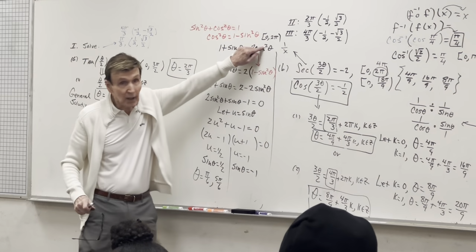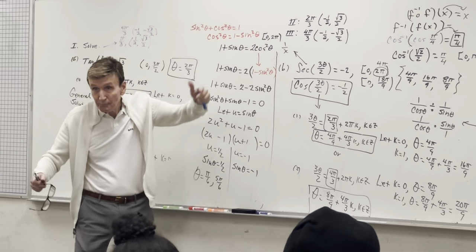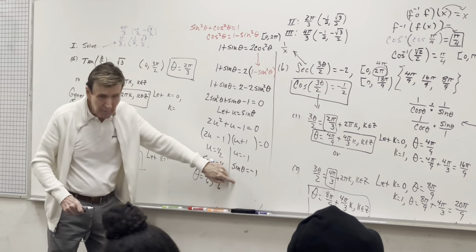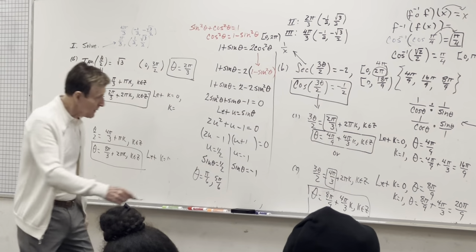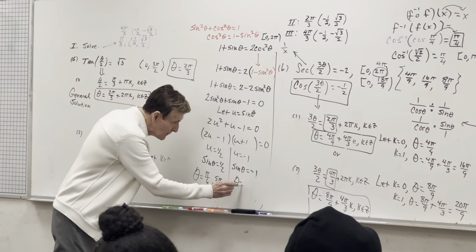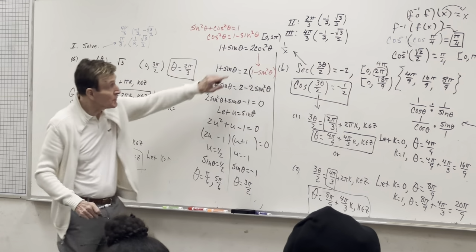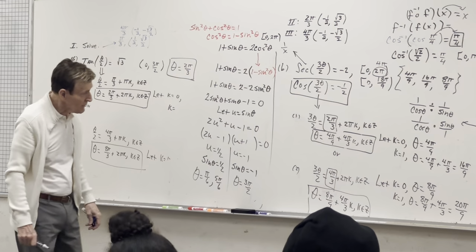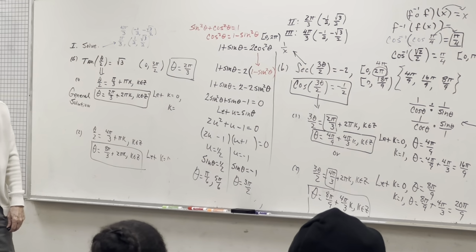Those two fit here, so I can accept both of them. Where have you seen sine be equal to -1? 3 pi over 2 is the only place it happens. That's 270. 270 also fits the interval she gave me, so you have 3 answers, and there they are.